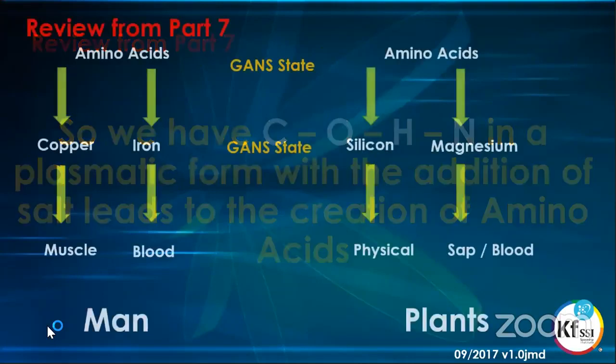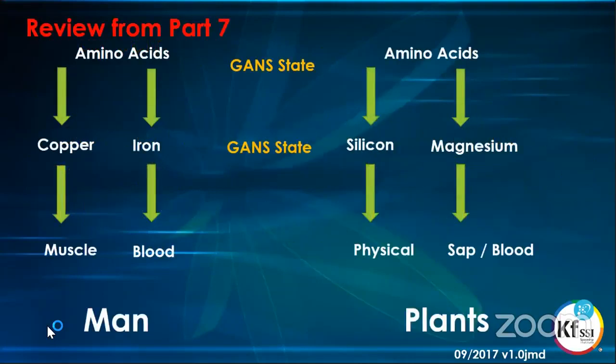And as we've explained, the amino acids in interaction with the copper give us the muscles for the man. Amino acids with interaction with the iron give us our blood. And when we look at the plants, those same amino acids with magnesium give you the sap or the blood of the plants.